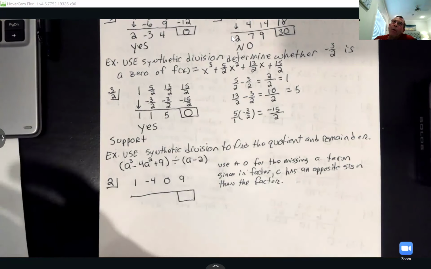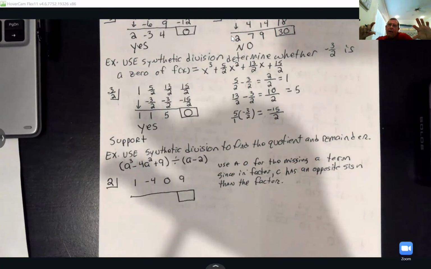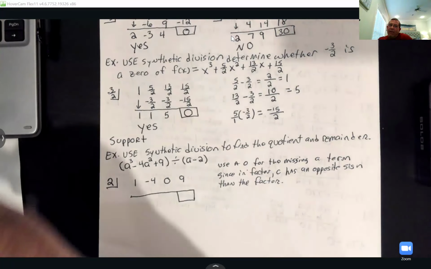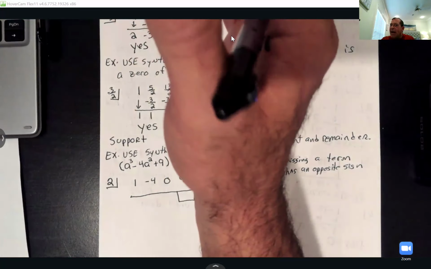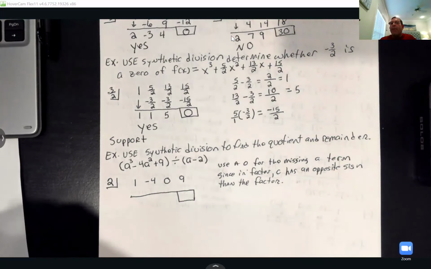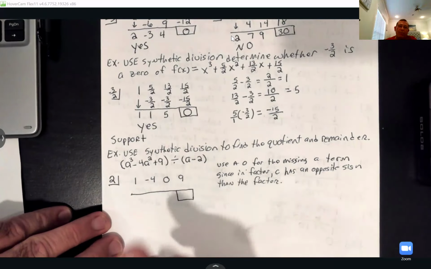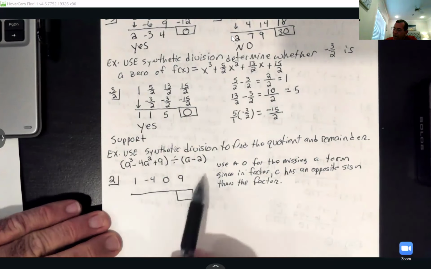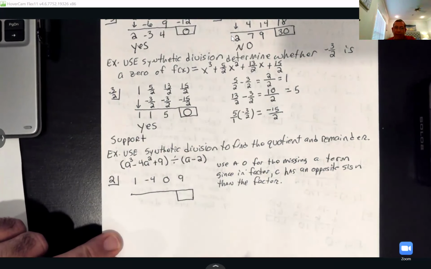And if you remember when we were finding zeros last class, when we had them all factored out, when we got our answers, they always had opposite signs. Like if y'all had an x -4 as a factor, we always ended up getting like an x equals a +4. So this is sort of going off of that principle, that the numbers you're checking are always going to be opposite signs than these factors, okay?